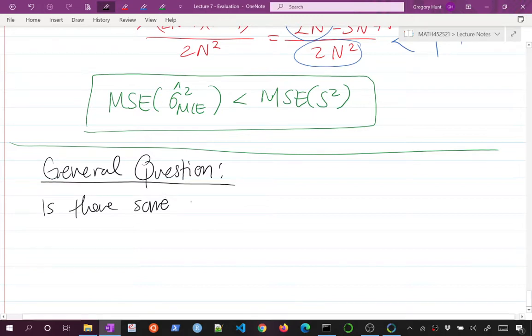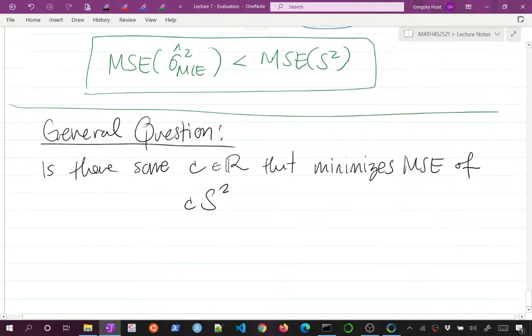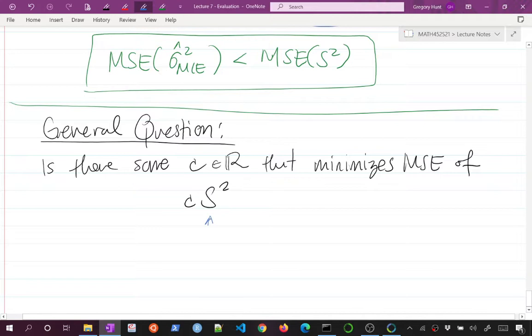Is there some constant c, let's say some multiple c, that minimizes the MSE of c times s squared? So here, we've looked at two examples. If c is equal to 1, we just get s squared. We know what that MSE is.